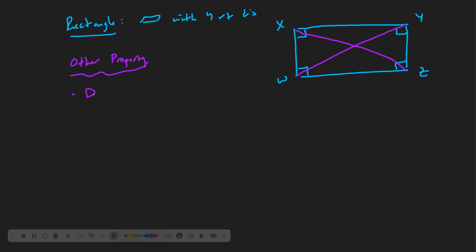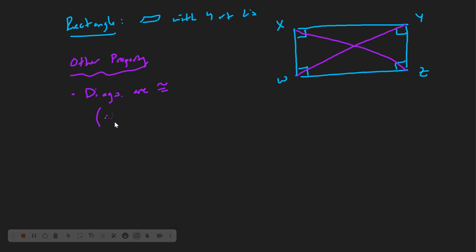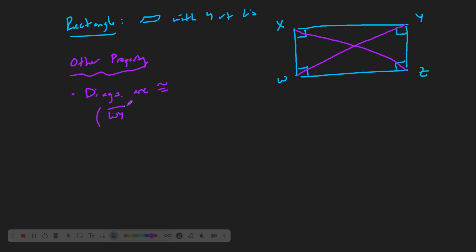So the property here in a rectangle is that the diagonals are congruent. It's hard to mark that in this picture because they intersect, so I'll just write it down right here. Segment WY is congruent to segment XZ.